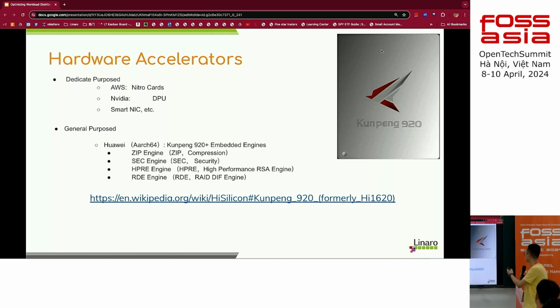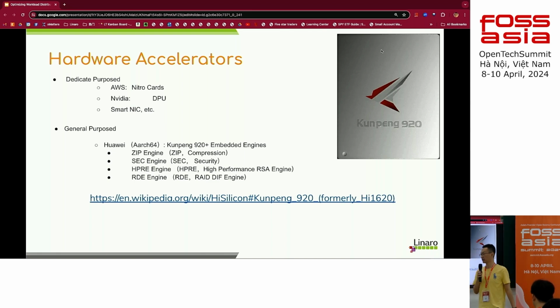Like in the Kunpeng 920 chipset, manufactured by HiSilicon. Inside this chip, there are 4 accelerators working on compression, security, and more.